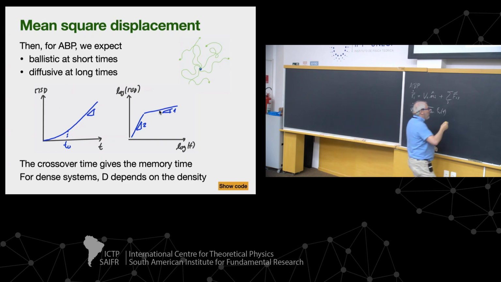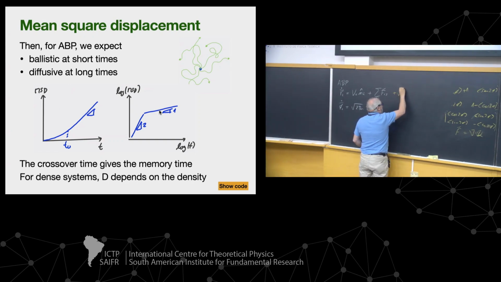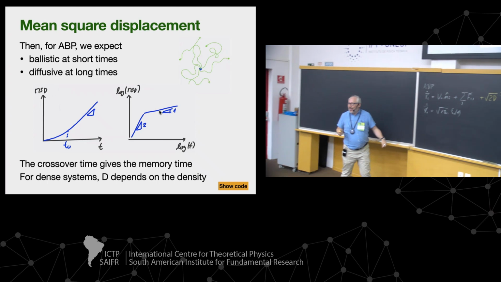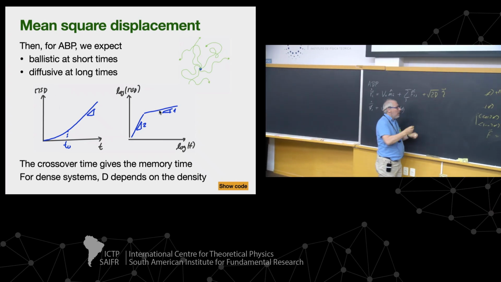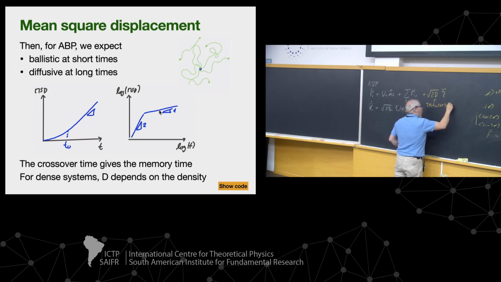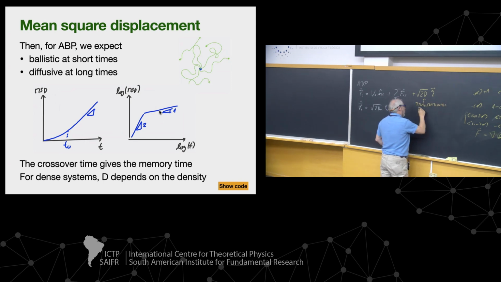So there's a second version that puts something like this, that they're subject also to Brownian noise. This is translational Brownian noise.